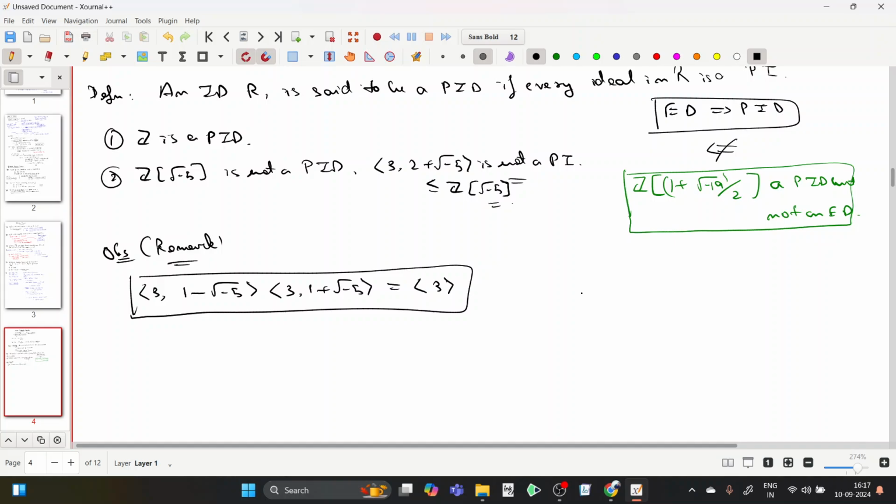You can check it on your own. This readily comes from how the product of ideals is defined, which we defined in a previous lecture. A product of ideals is defined as finite sums of products of individual elements from each ideal. So if you have two ideals which are not principal ideals, their product can still be a principal ideal.